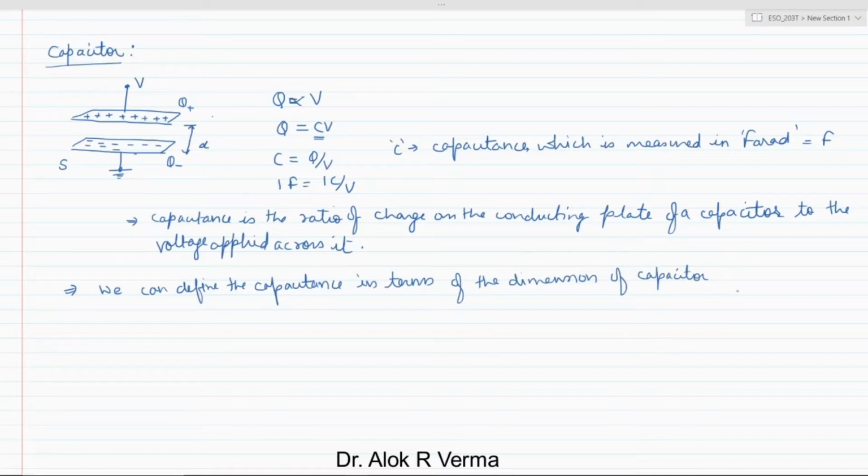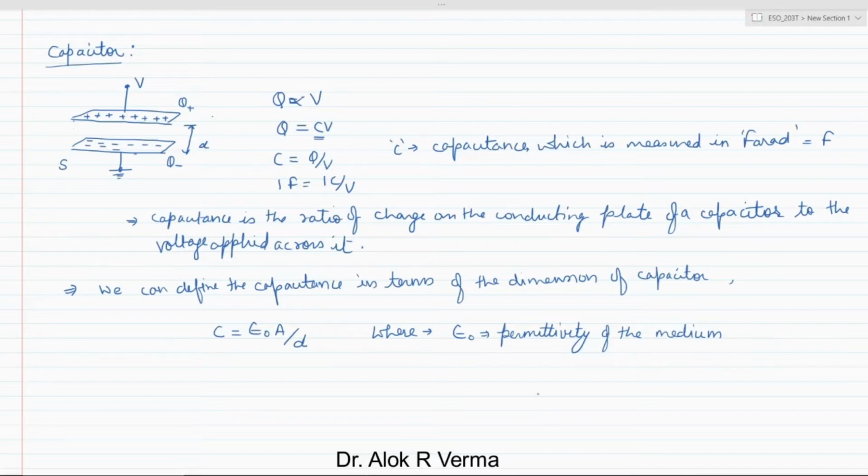C is nothing but epsilon A by d, where epsilon is the permittivity of the medium. The medium is basically between the plates. Permittivity depends on the dielectric material which is inserted between the plates.